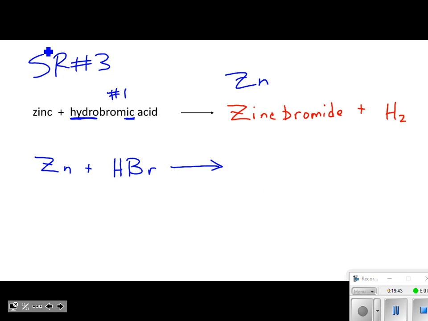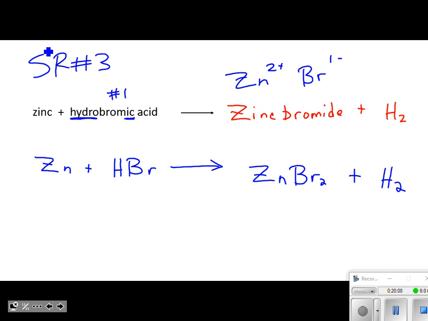Zinc is a 2 plus. Bromine, halogen, 1 minus. So zinc bromide is going to be ZnBr2. And then I have this H2.